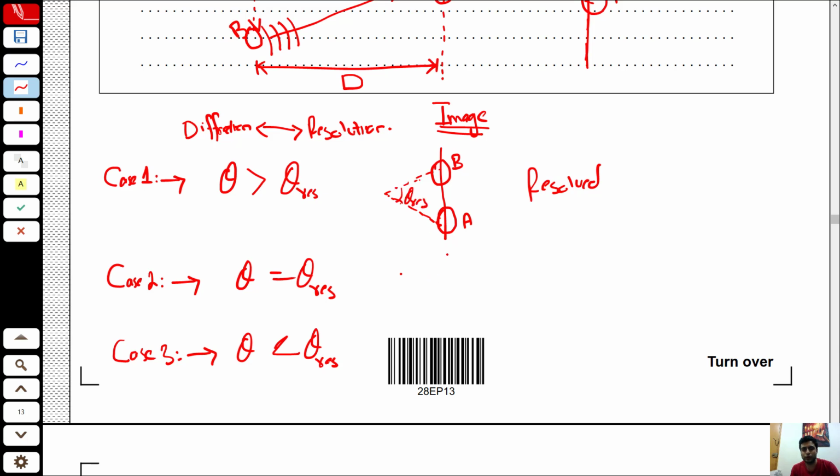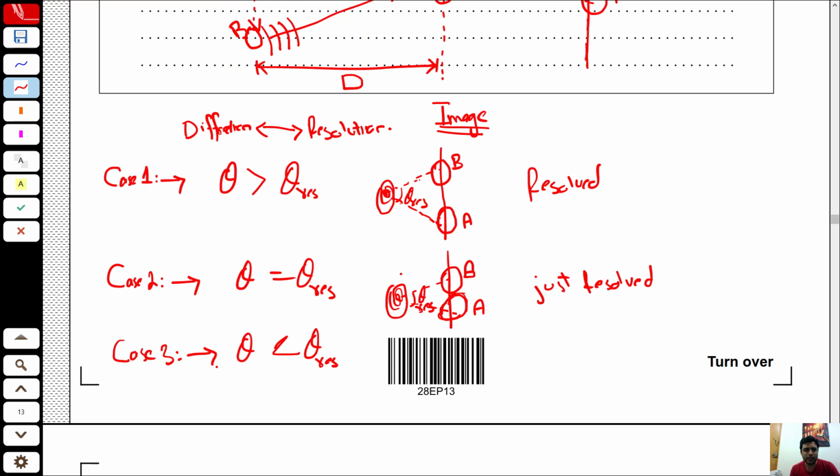So in case 2, when they are exactly equal, the two images will be seen just overlapping, just about to overlap each other. There's an aperture here. I'm not going to draw too much here. This is just resolved because the two images are just about to overlap each other.